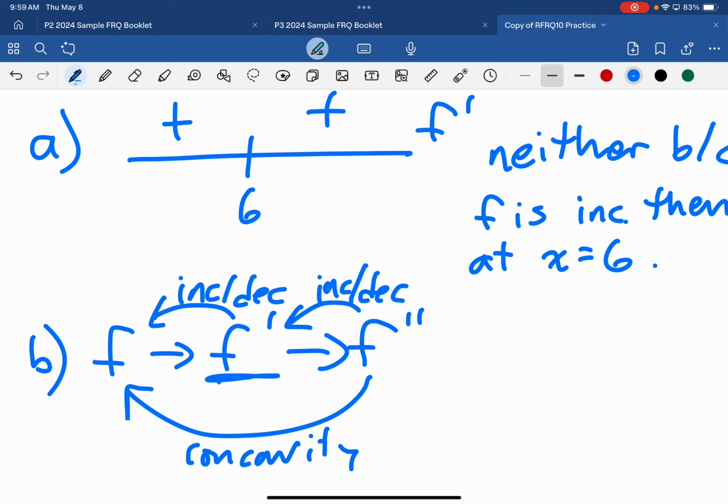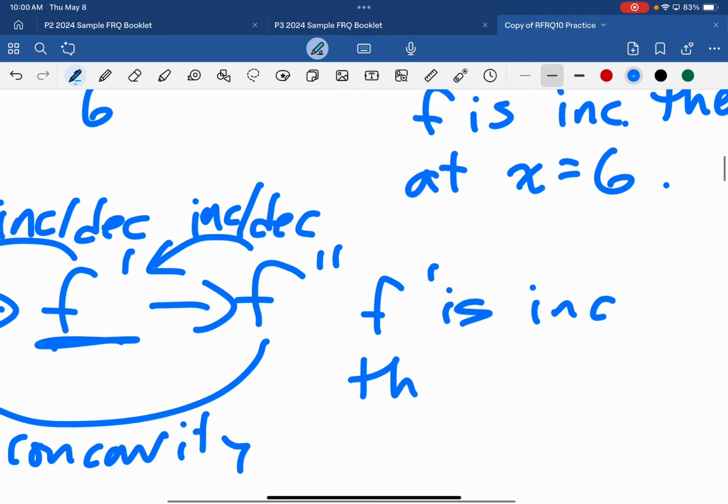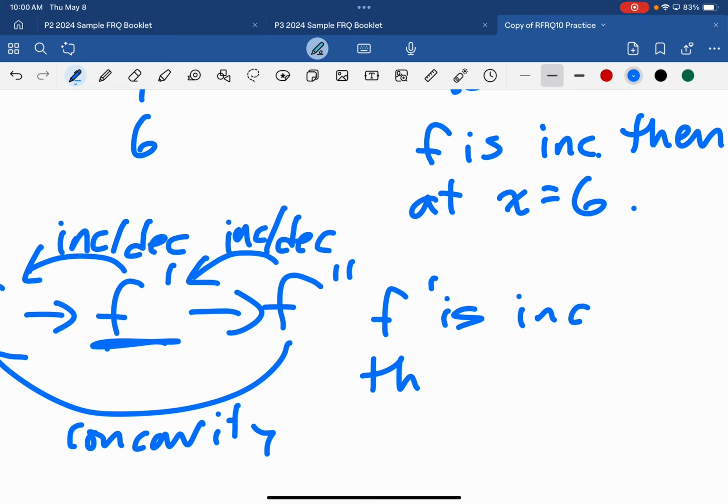If f prime is increasing, then that means the slope of f prime is positive. And what is the slope of f prime?